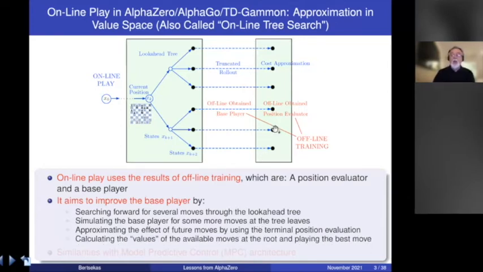And now we back up these values back to the root, and we calculate a value of each possible move at the current position, and we play the best move. So that's what we do at a given position, and then we go to the next position after one move and do the same thing, and so on.